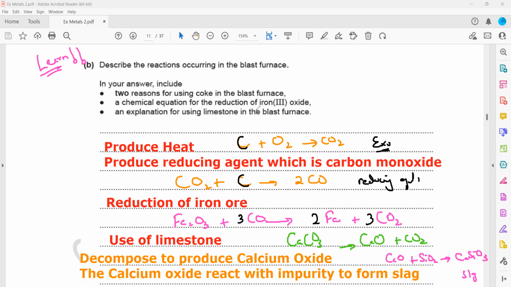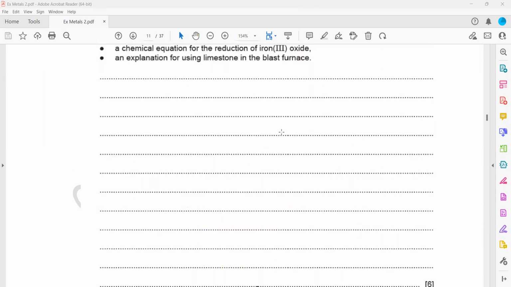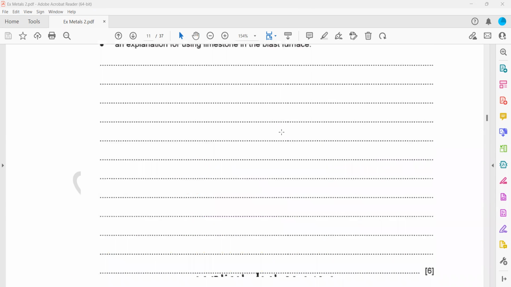Carbon dioxide reacts with more carbon to give carbon monoxide. Carbon monoxide removes the oxygen from iron to give pure iron and carbon dioxide. And then limestone is added to remove the sand, or the silicon 4 oxide, as it first produces calcium oxide, which reacts with silicon 4 oxide to form a slag. So the answer always remains like this. There are 6 marks for this.